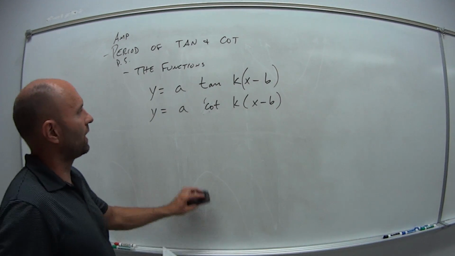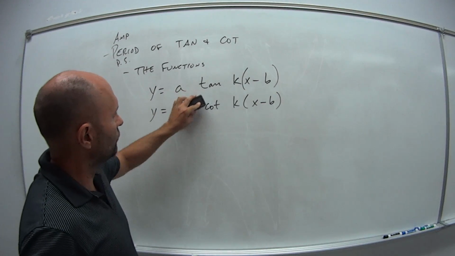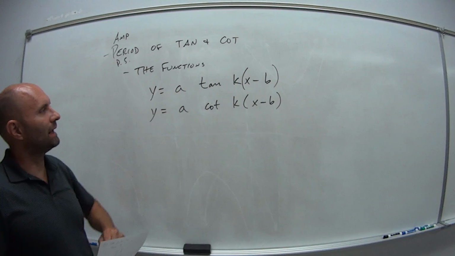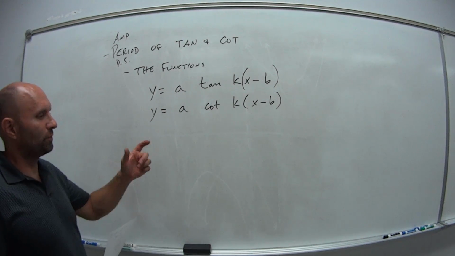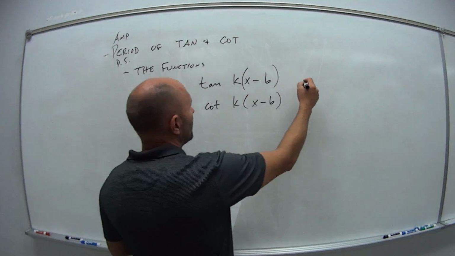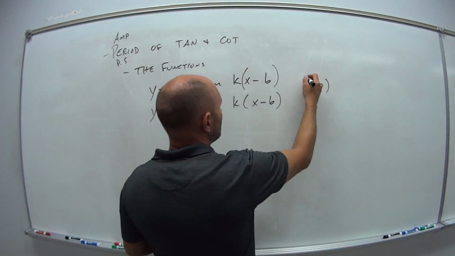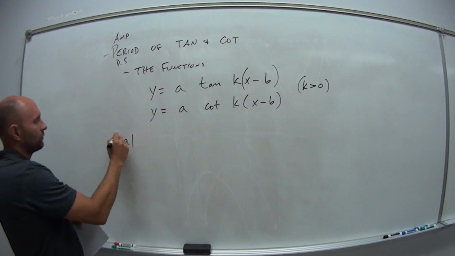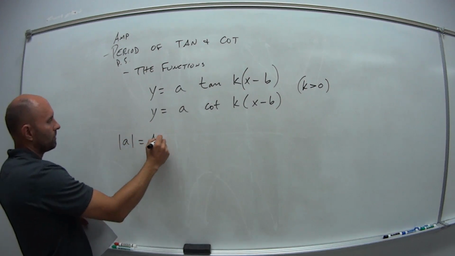You guys saw the sine, you saw the cosine, so you should be familiar with the labeling. So the rest is just picking out these pieces. Again, k is going to be greater than 0. When we have these functions, absolute value of a is our amplitude.